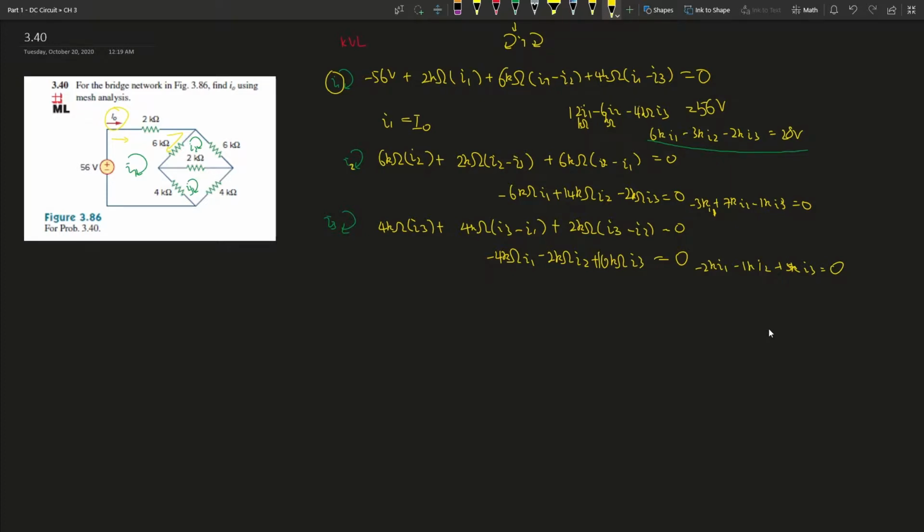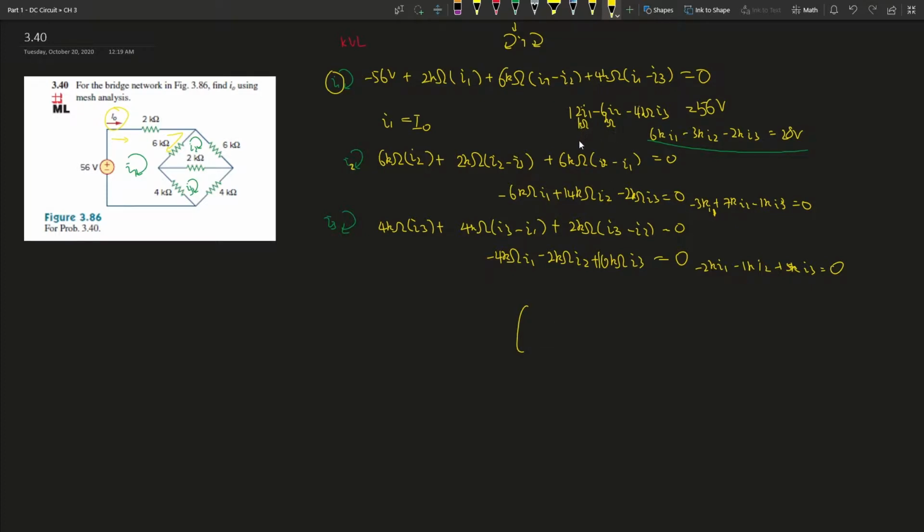In this case, we can plug everything into a calculator and use matrices. Let's double check the math real quick.